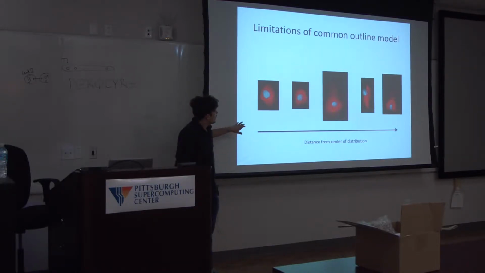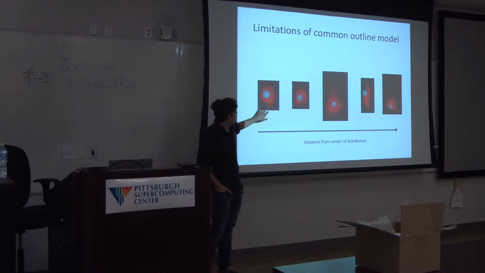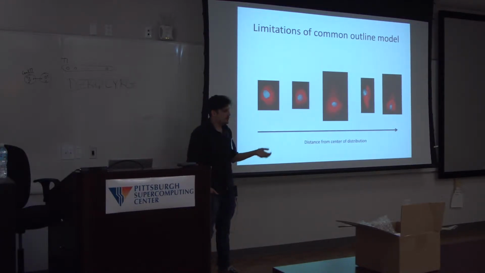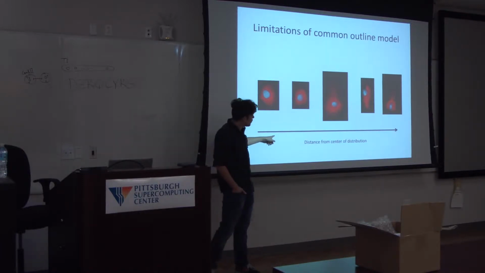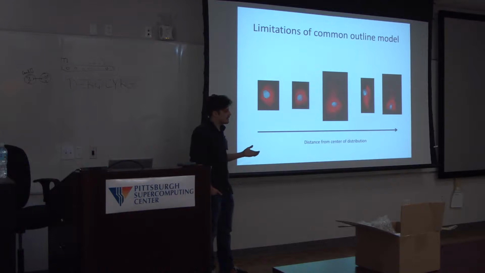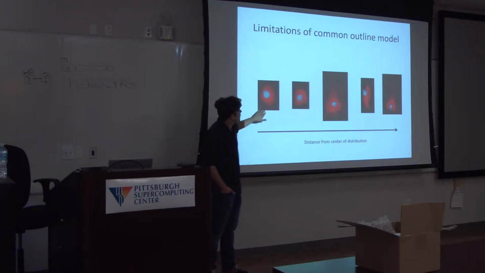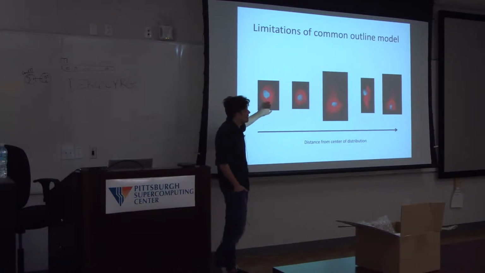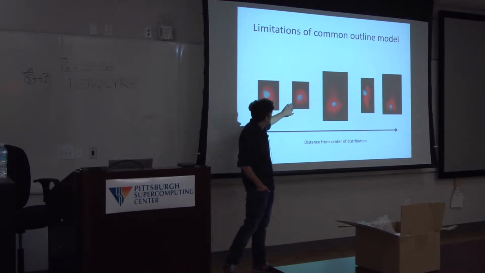Basically, we can model this distribution of outlines as a Gaussian distribution, and then sample further and further away from the center of this distribution. Towards the center, cell shapes look pretty normal. This could possibly be a segmented cell shape.